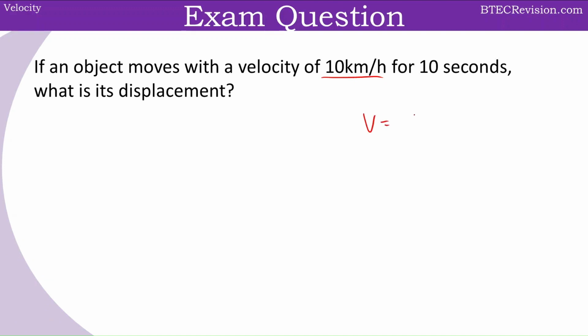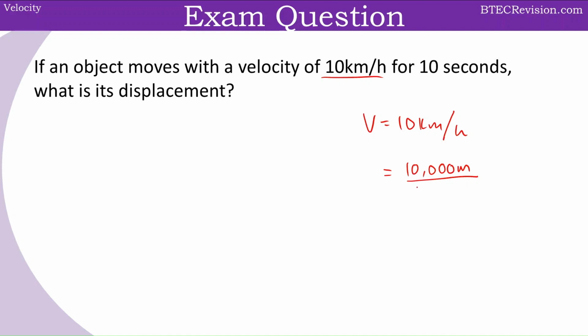We know velocity is 10 kilometers per hour, so we want the units to be in meters per second. We can replace kilometers with 1,000 to give us 10,000 meters, and that's divided by an hour. An hour is 60 minutes, and that's 60 seconds in each minute.